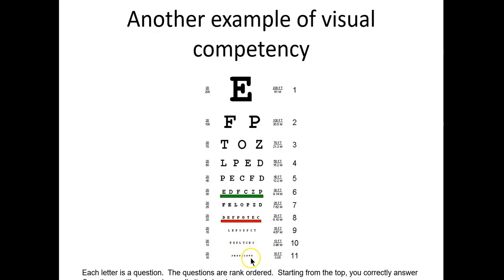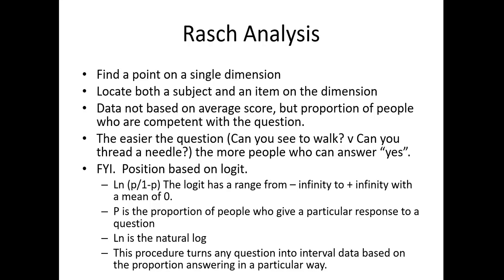And as the frequency goes down, the letter is harder. The scale is more difficult. The question is more difficult. And people miss it. And at some point, a person stops and they can see everything above and nothing below. And that's their level of competency. That's their point along the single dimension.